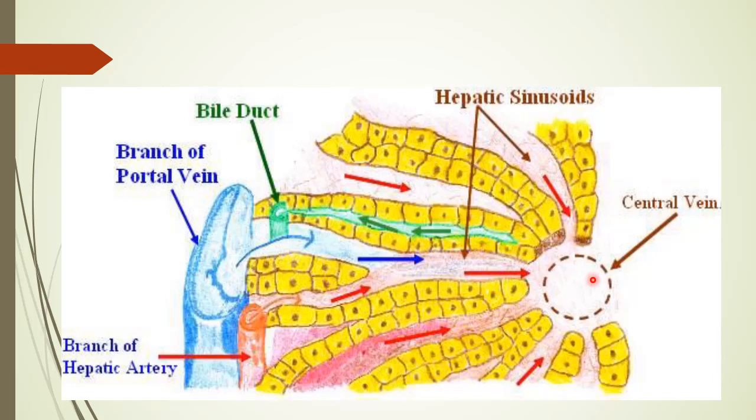I want you to also remember that the right and left hepatic veins open into the inferior vena cava immediately inferior to the heart, and this arrangement makes the liver liable to chronic passive congestion.